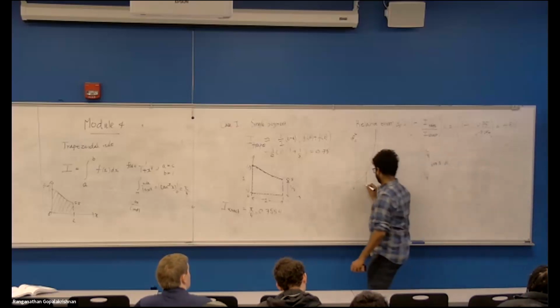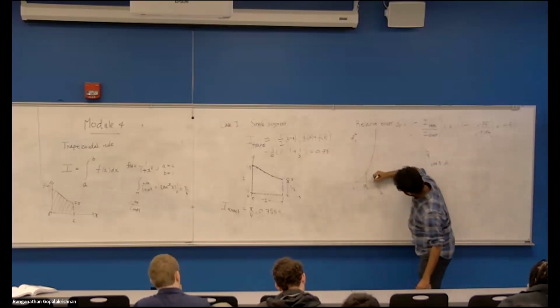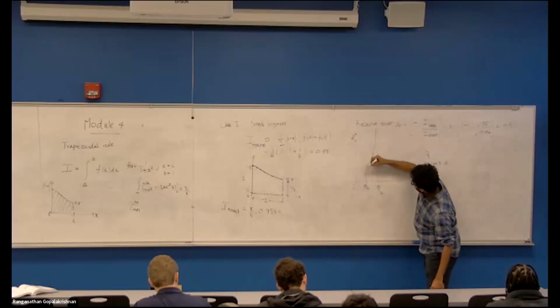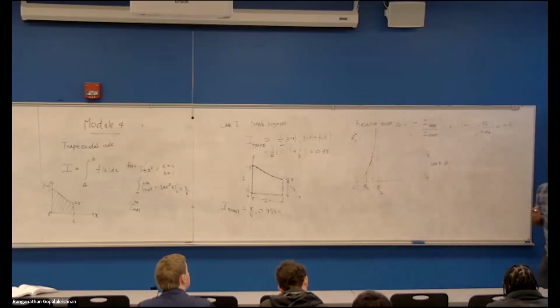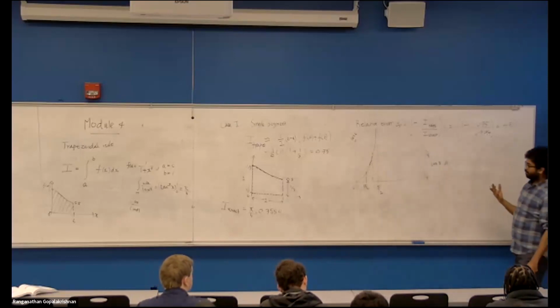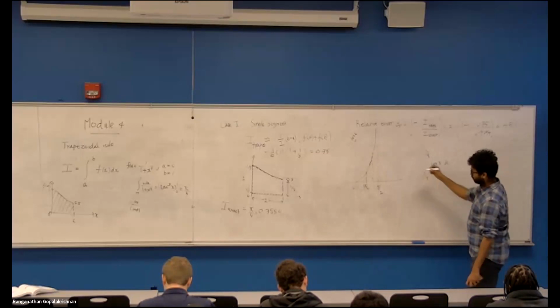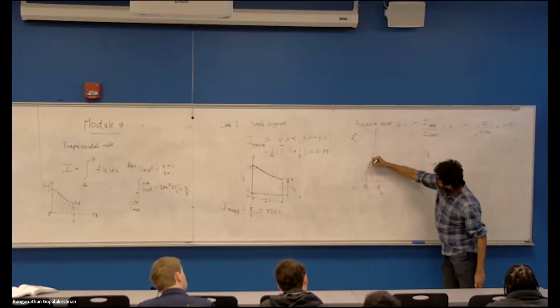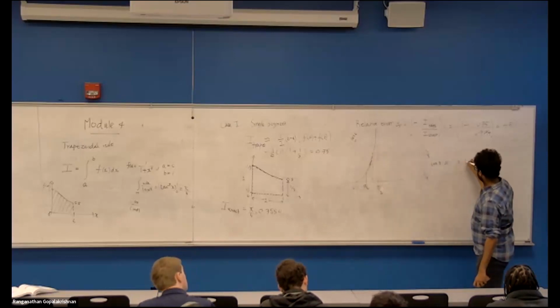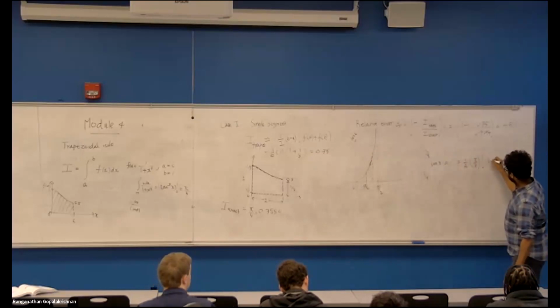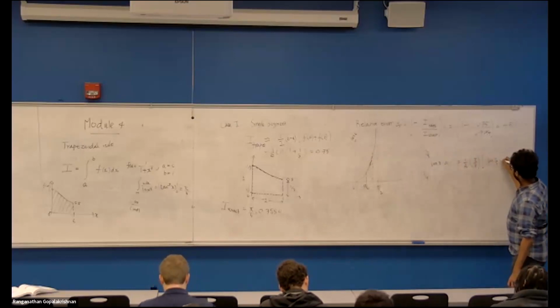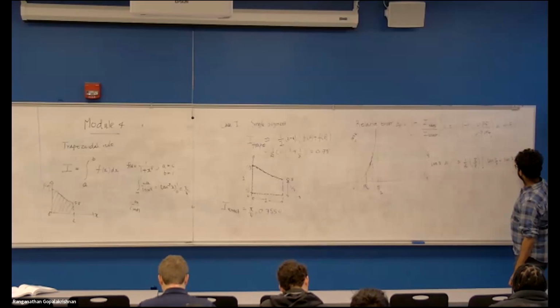So here is pi by 4, here is halfway between pi by 4 and pi by 2. Look at how strong the curvature is in this interval. If you apply the same method for this portion of the curve, it would be half multiplied by the width, which is pi by 8, multiplied by tangent of pi by 4 plus tangent of 3 pi by 8.